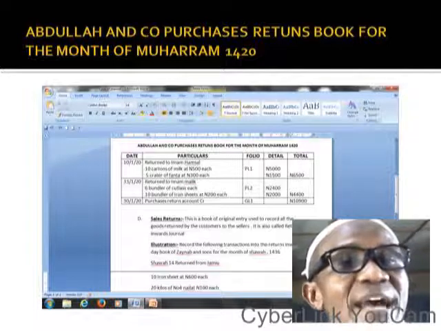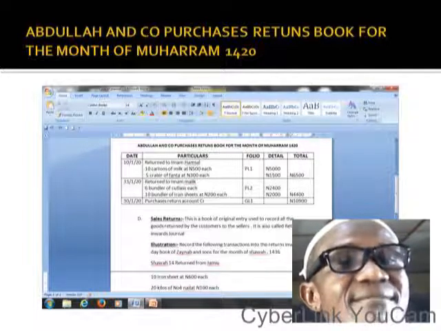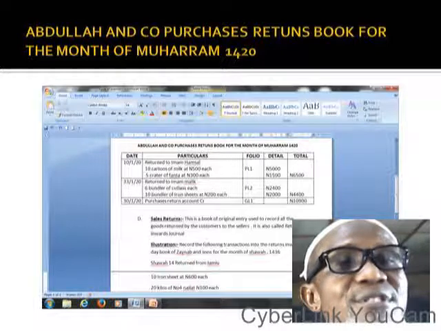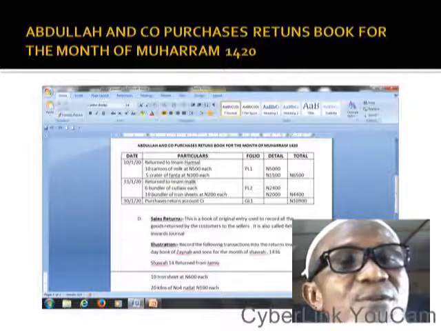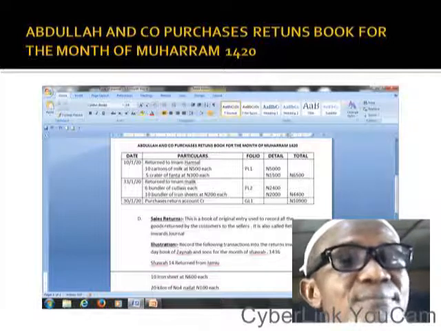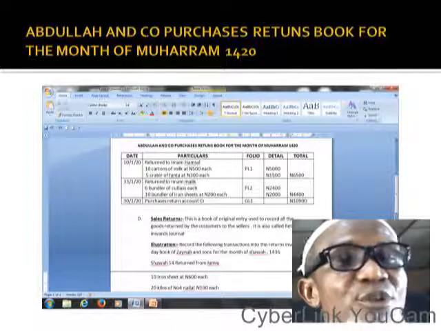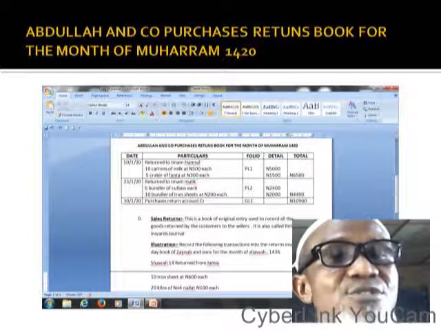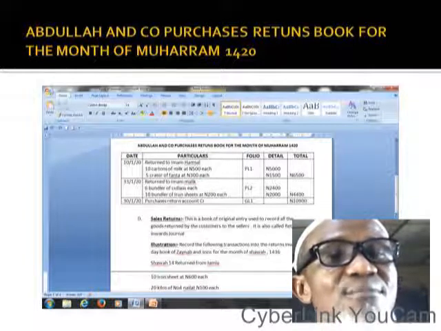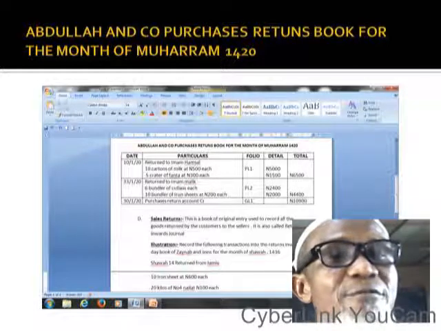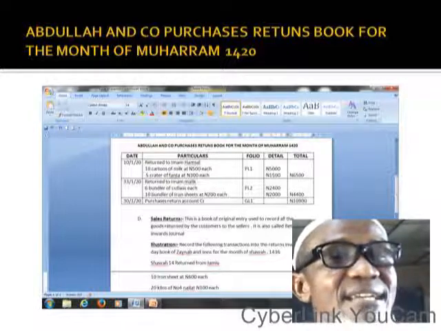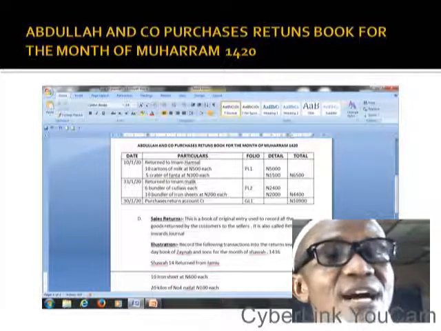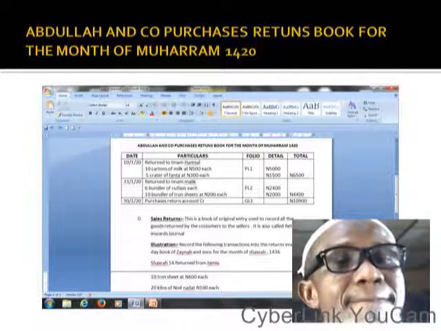So the addition of this will now be shown to you on the screen. We are going to prepare the details of the purchase return for the month of Muharram. So in that column, you have the date column, the purchases column, then the folio column, then the details. And at the same time, you now have the total.